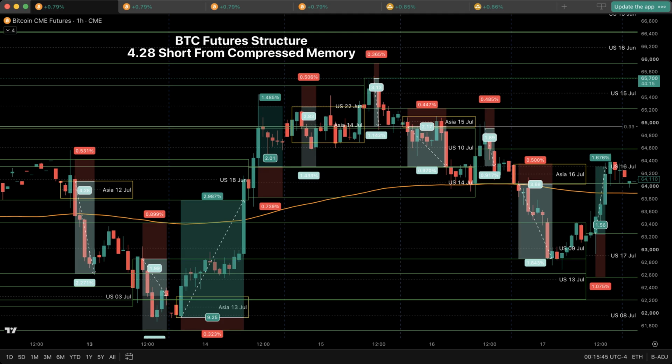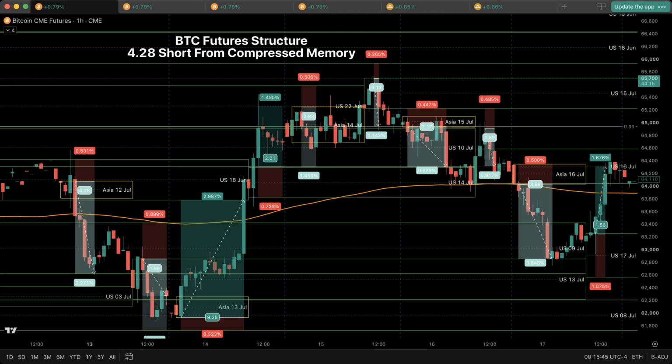Stop sits at July 15th US lower boundary. Target sits at July 16th US midpoint. Risk-reward ratio reaches 1.89. That trade is smaller. It targets the midpoint. It does not ask for a full breakdown. It takes the retest failure.